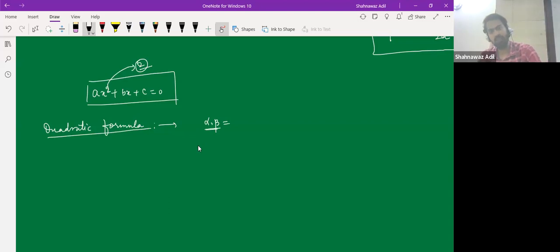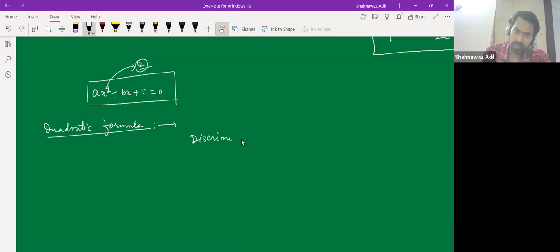Now, what kinds of solutions are these? This is determined by the discriminant. To calculate the solution from the quadratic formula, first we calculate the discriminant.